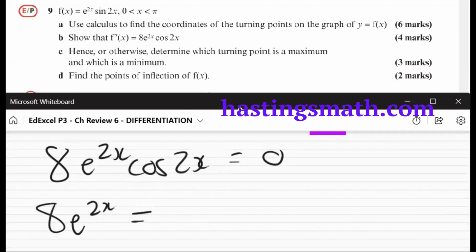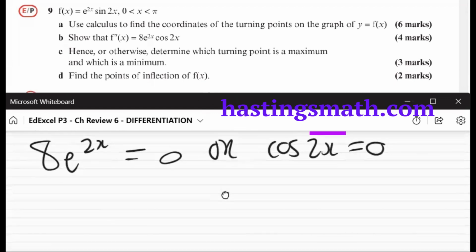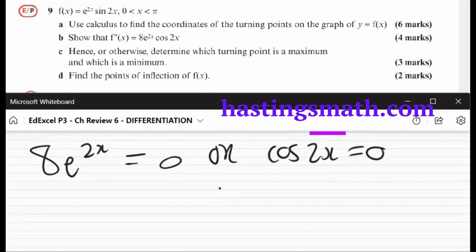One of these has to be 0, either this or this. If you have x in the exponent, this can't be 0. So that already takes that option out. So we only have cos 2x equal to 0.